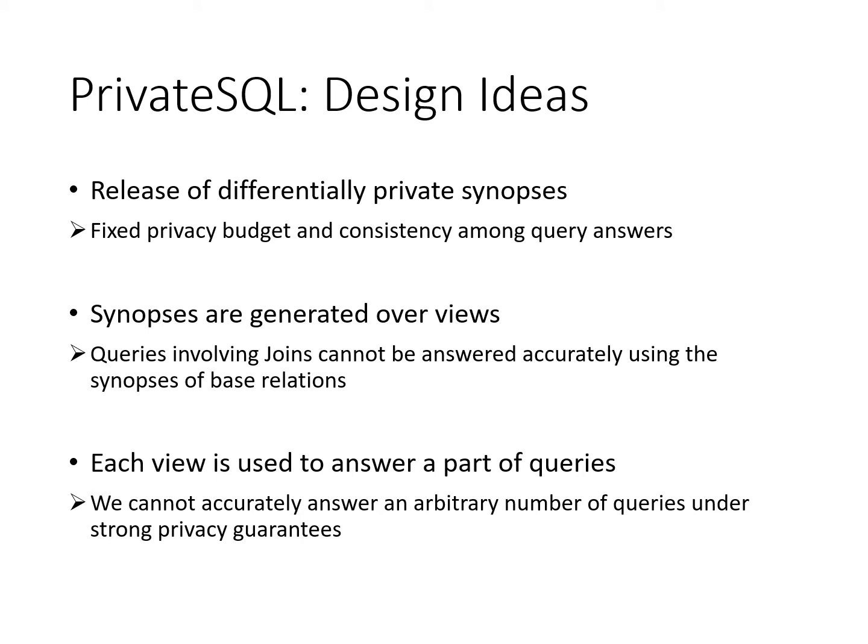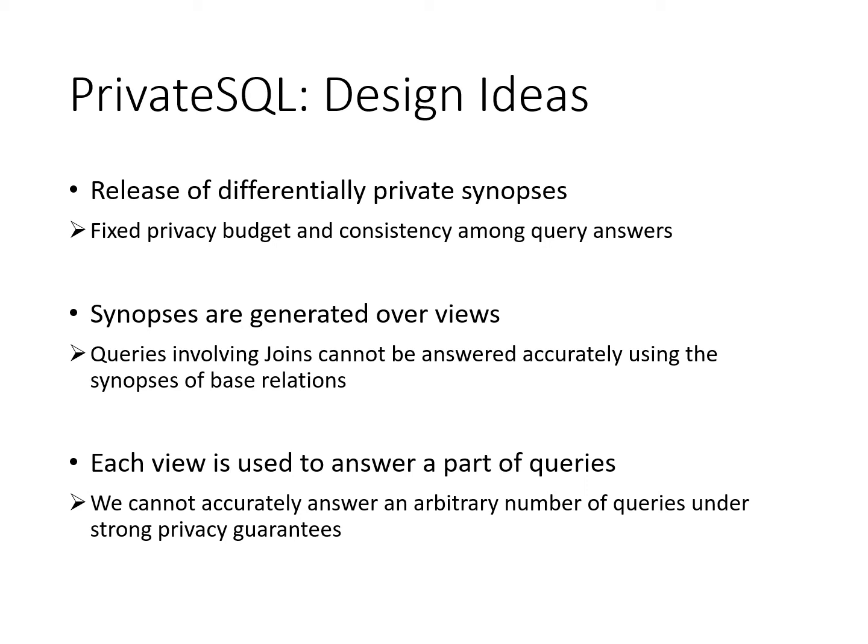Before presenting the detailed construction, I first briefly introduce its high-level idea. For supporting a workload of queries, the data owner will generate and release multiple differentially private synopses. With these synopses, we can use a fixed privacy budget among them and obtain consistent query answers.